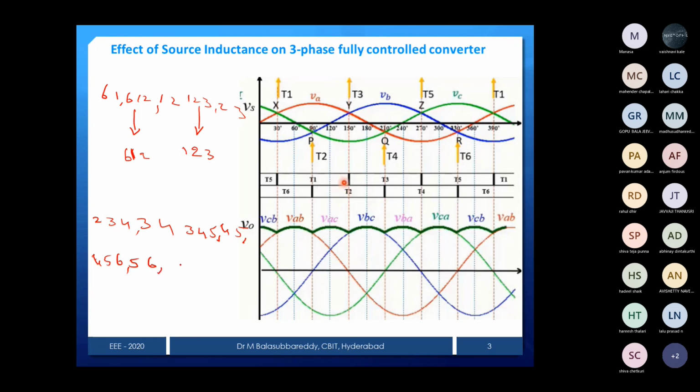After 5 6 comes 6 1, and in between there is another interval 5 6 1, and then the 6 1 cycle is repeated. So this is the new order when I consider the source inductance. We'll see that now.